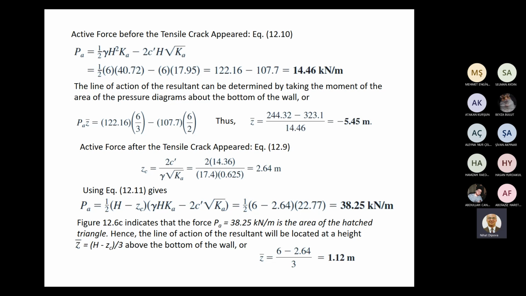Hence, the line of action of the resultant will be located at a height of Z bar, and of course this Z sub C will be neglected, and our considered Z will be equal to H minus Z sub C, and one third of this height is the location of resultant. So location of resultant can be calculated as 1.12.